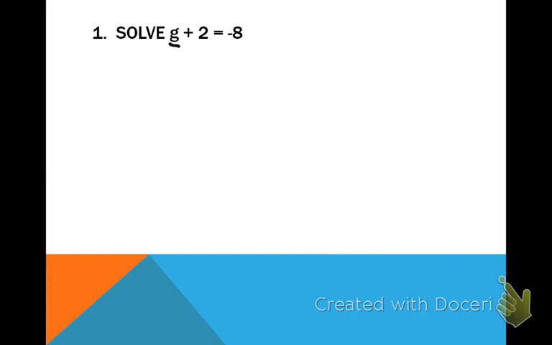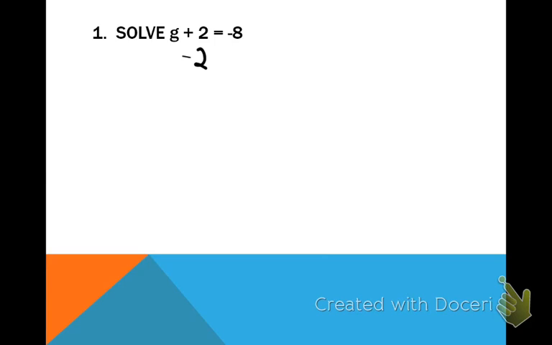Right now, it's not all by itself on one side of the equal sign. It does have a coefficient of 1, which is really nice for us, but it's not all by itself. It has a plus 2 sitting next to it. And so the first thing we want to look for is to undo that plus 2. The inverse of adding, again, is subtracting. So I'm going to subtract 2 here.